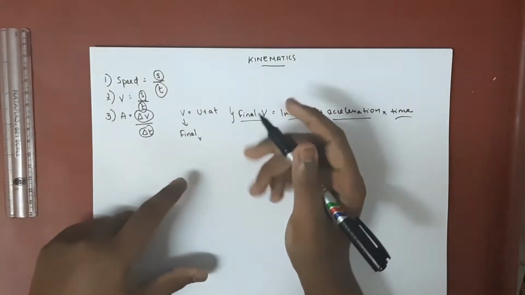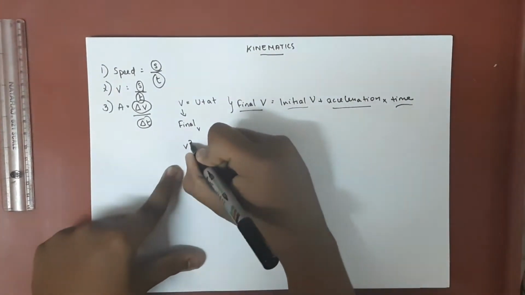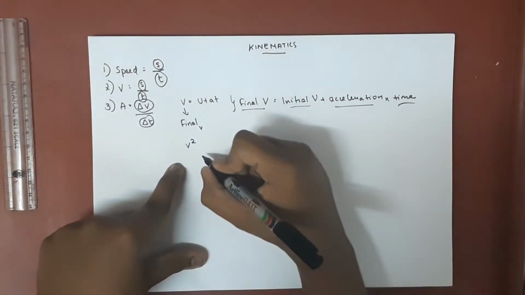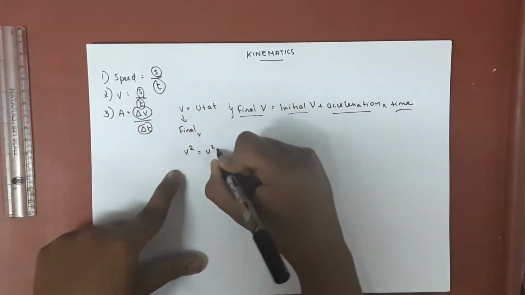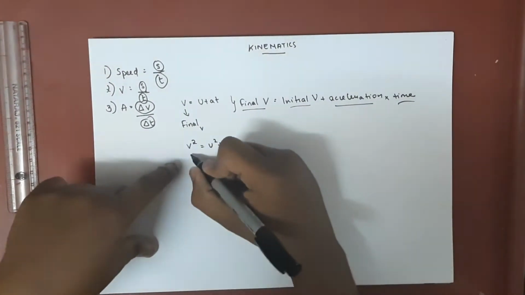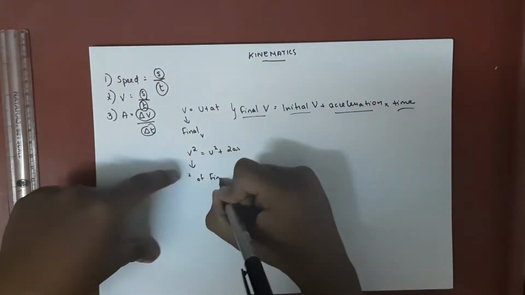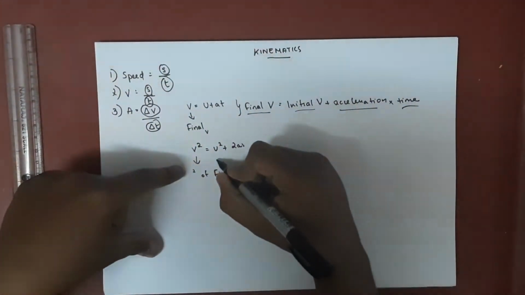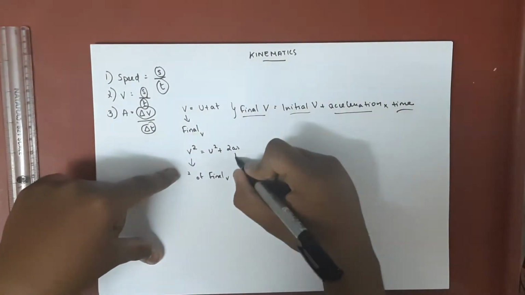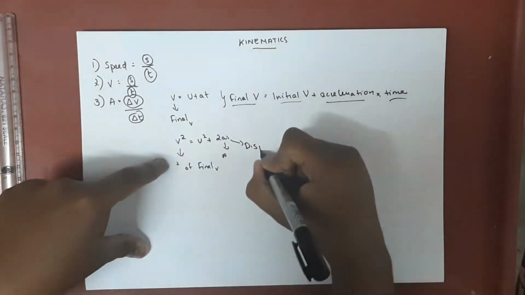Now, there is another expression, which is derived from this. So v squared is equal to u squared plus 2as. Now this is the square of final velocity. This is the square of initial velocity. This is acceleration, and this is displacement.